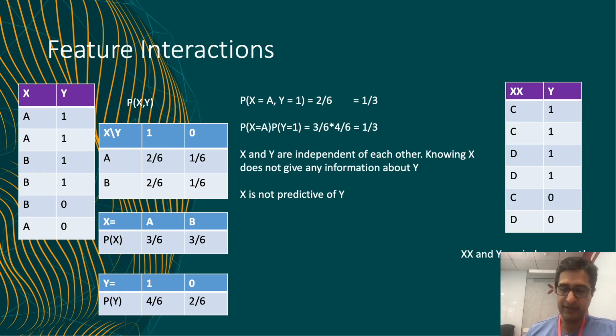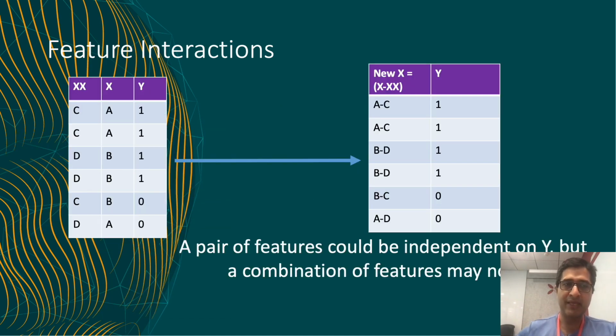However, the interesting thing that happens is that when you combine these two variables together, in this particular case we have taken the two variables, double x and x, and constructed a new variable, which is the subtraction of the two.